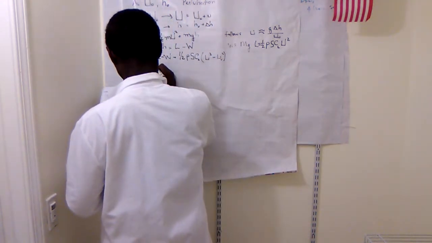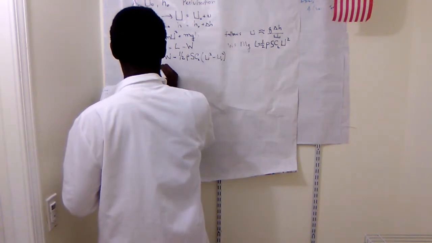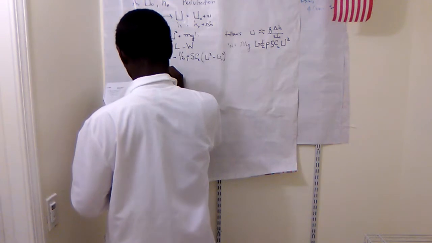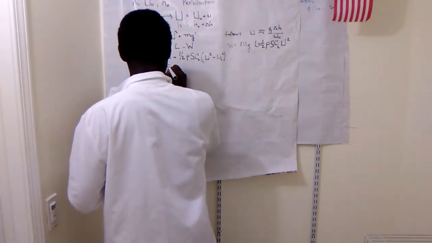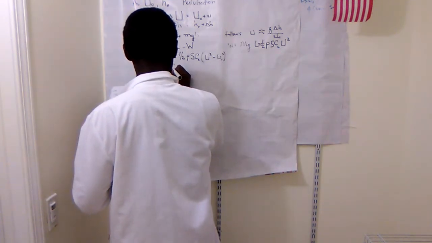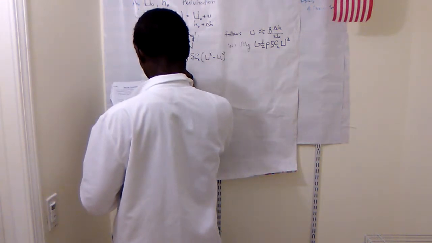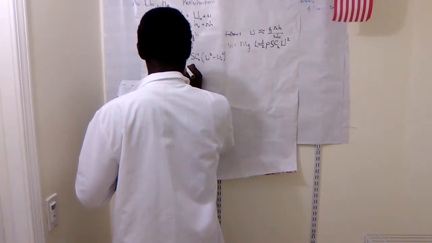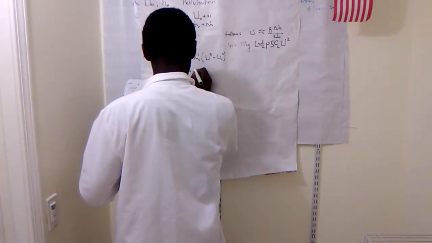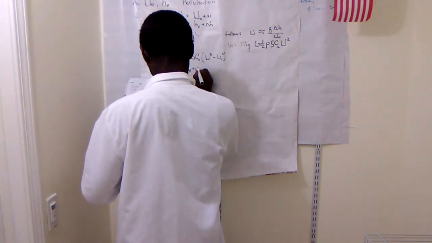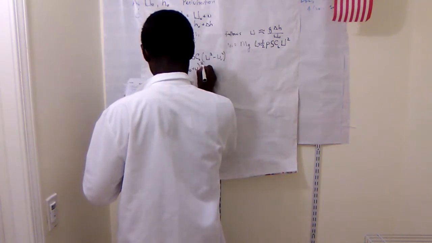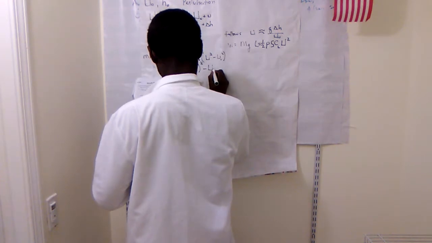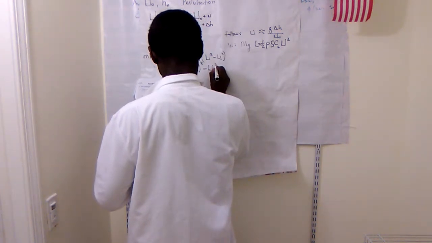And that in turn is equal to 1/2 rho, wing area of the airplane, C sub L, into u0 plus u, squared, minus u0 squared.